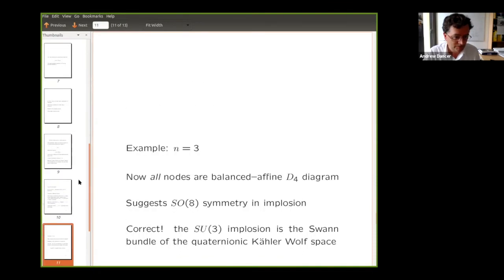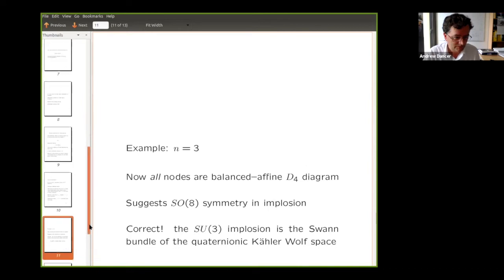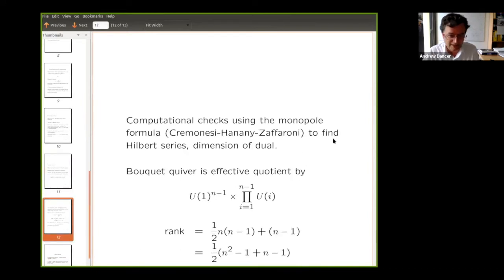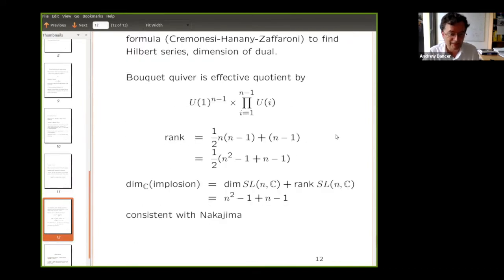So we can just check that that does work out okay. In this case, because the Bourget quiver, that's the Higgs branch, is the quotient of the effective action of that group with rank given by that, and the complex dimension of the implosion is indeed twice that, so that's consistent with Nakajima.